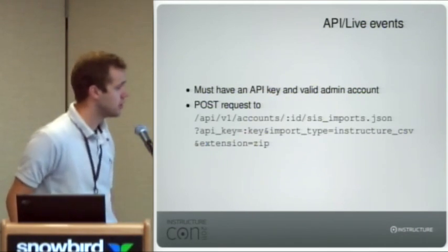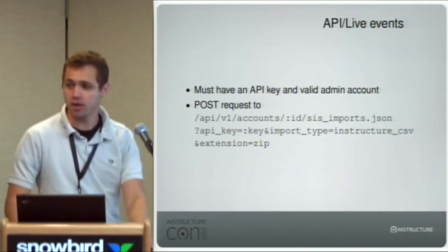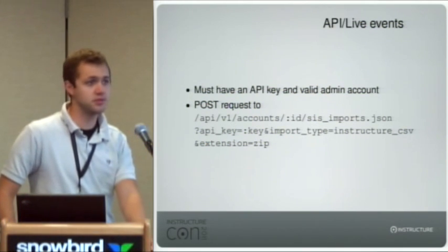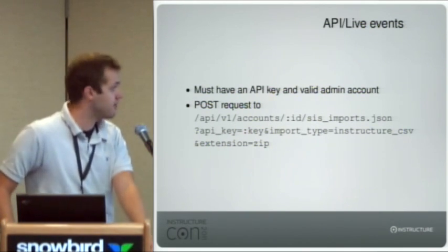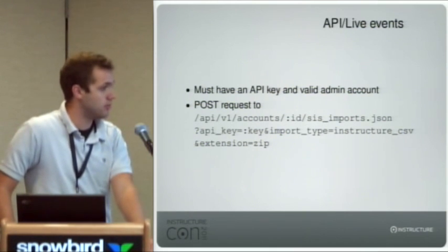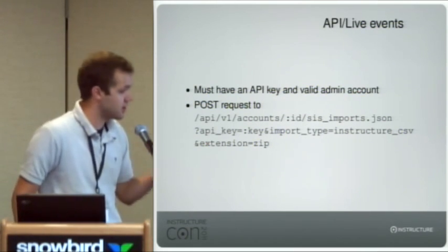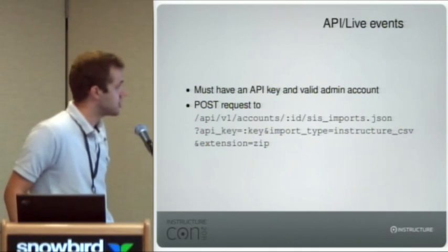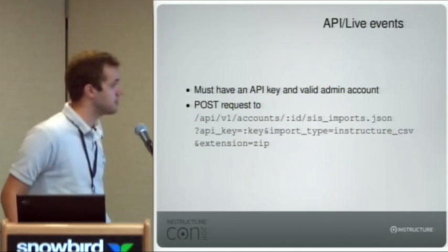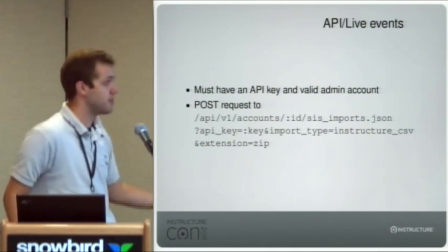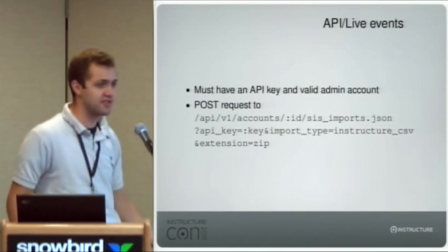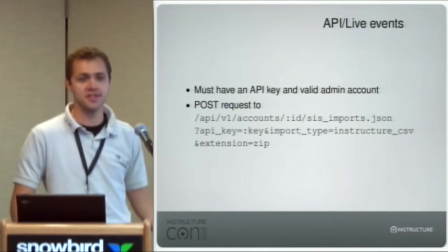You just post. And this is actually how Blake was able to set up Banner live events going to our Canvas instance. There's a message system listener that's listening and submitting XML to Canvas through the API. So the API gives you a lot of flexibility for integration with real-time events and other things.